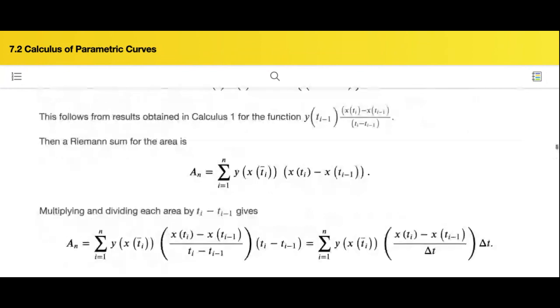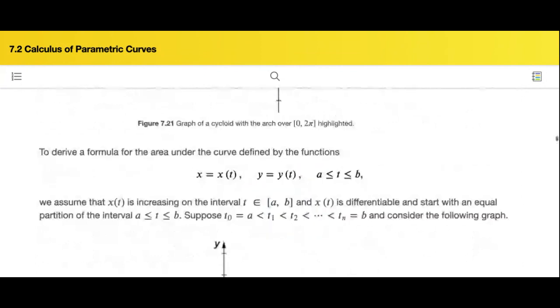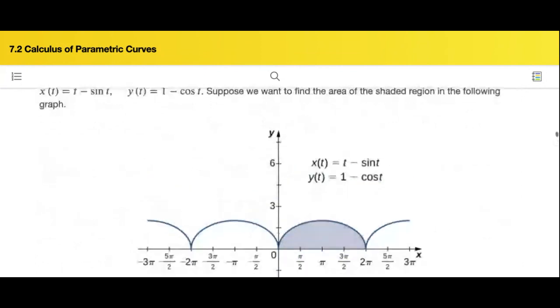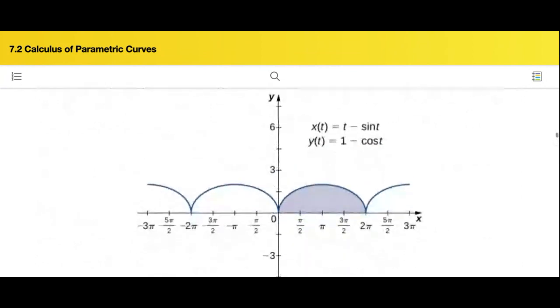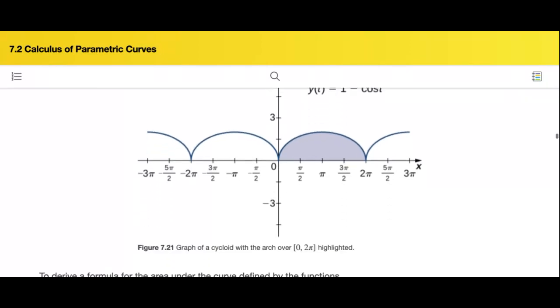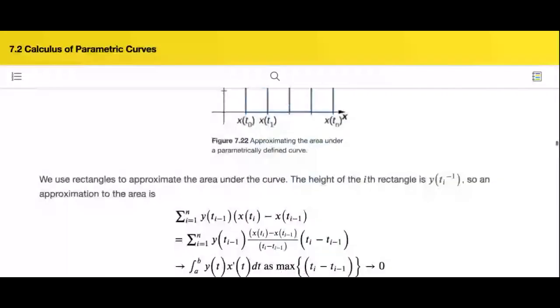So let's go back to the picture. That's this picture. From 0 to 2 pi, the area under this curve is 3 pi. How did we calculate it?